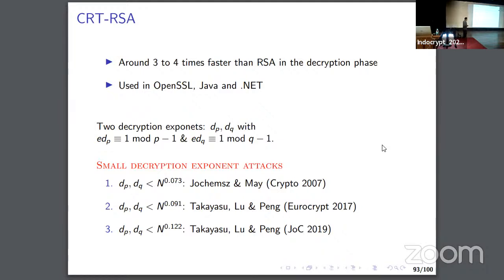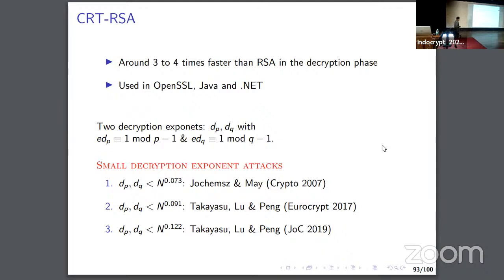Now, after 10 years, Takayasu, Lu, and Peng improved this bound n to the power 0.073 to n to the power 0.091. And this is a very, very important result. Just after Eurocrypt, they improved their own result, and finally they published in the Journal of Cryptology with this bound n to the power 0.122, and this is the best result in CRT RSA for small decryption exponent.